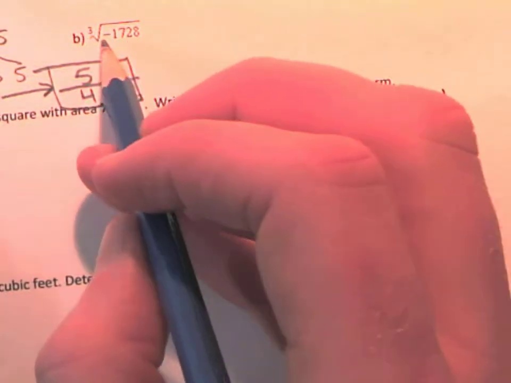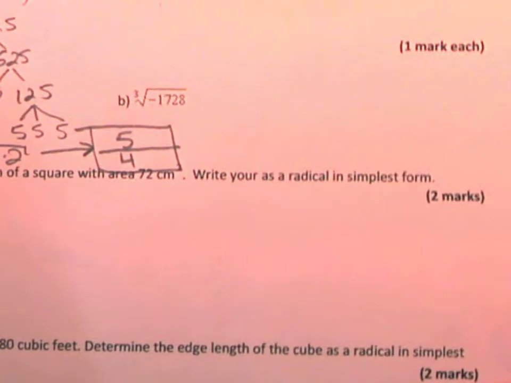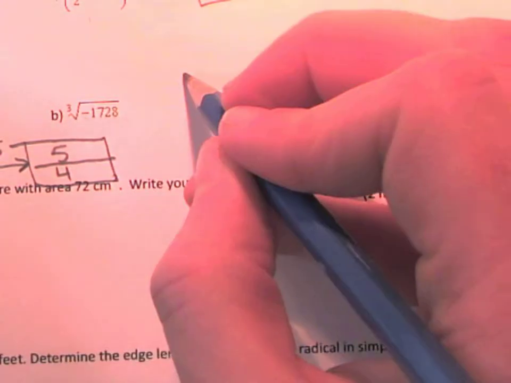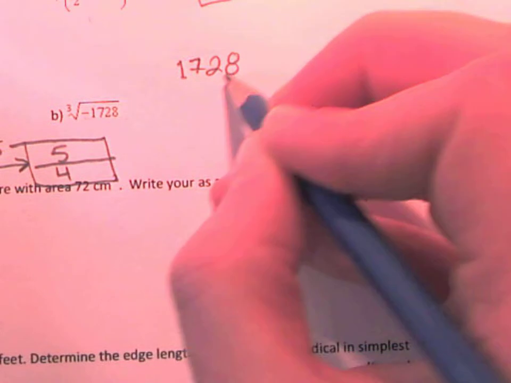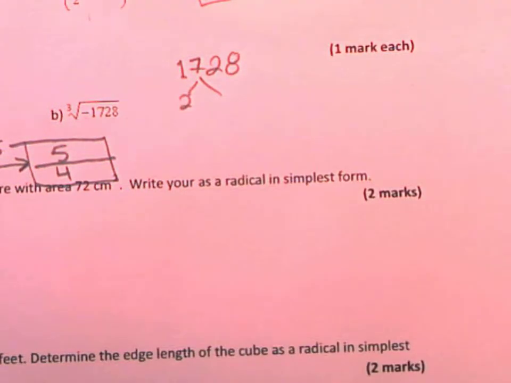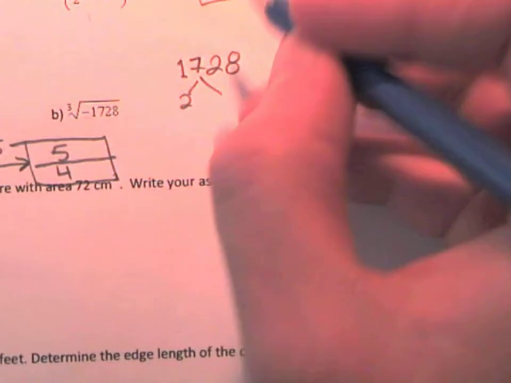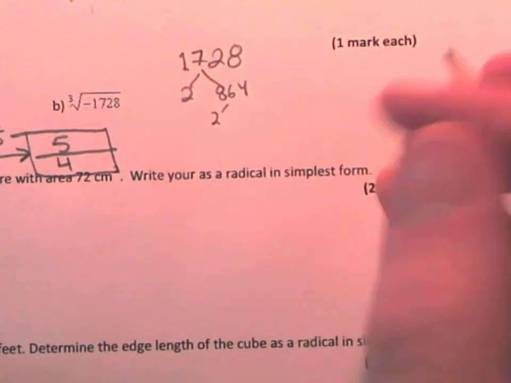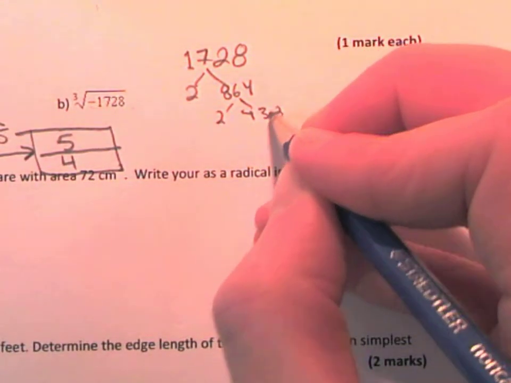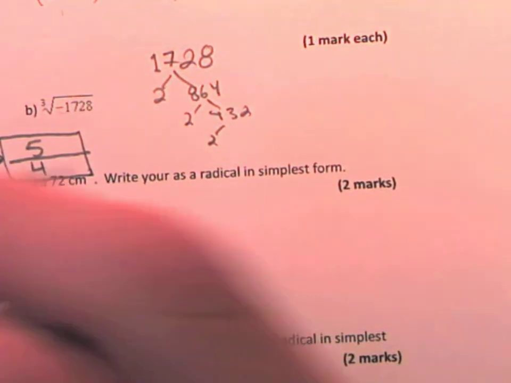Okay, this next one, cube root of negative 1,728. So let's do the prime factorization of 1728. I know 2 is going to go in there. And then another 2. And then another 2.